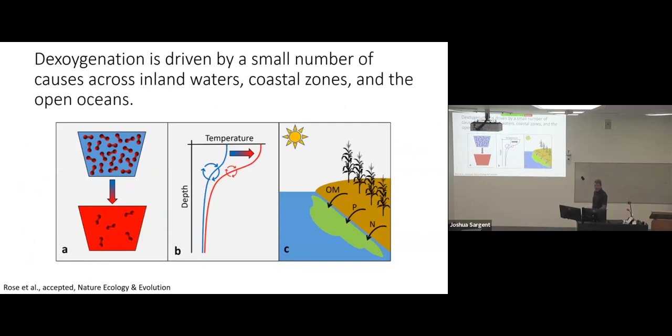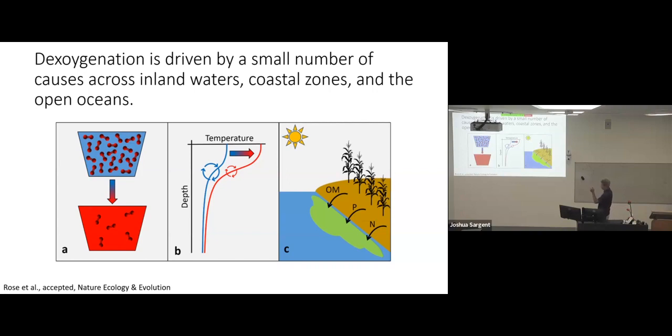And so working with Denise Breitburg, her group, and some other oceanographers, we just had a paper accepted in Nature Ecology and Evolution proposing deoxygenation as, I'll get into this more in a minute, a new planetary boundary. And the take-home here is that if we look across marine systems, coastal zones, and inland waters, including lakes, reservoirs, and rivers and streams, deoxygenation is caused by a small number of drivers across all those different types of ecosystems.